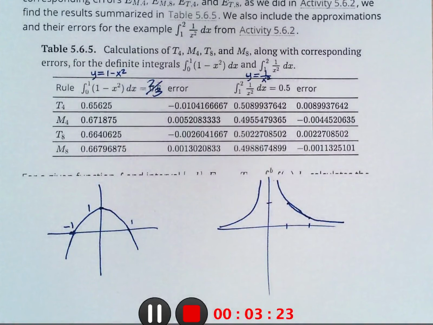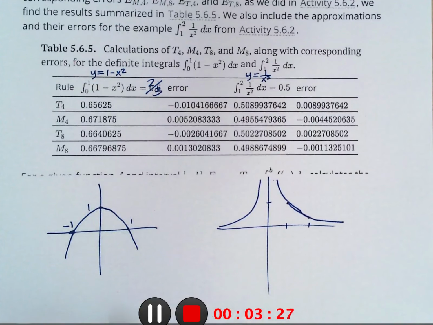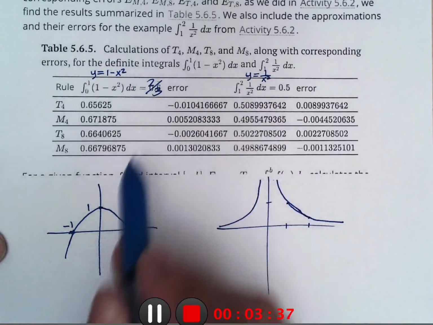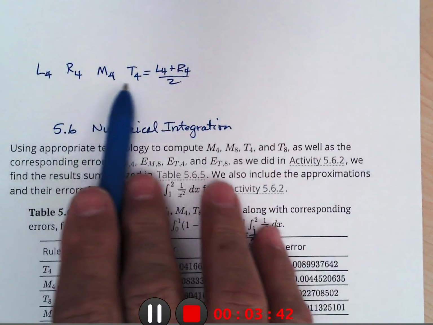This area right here is 2/3 exactly. We know that. But let's assume that this was some kind of curve that we couldn't do that. But since we do know it, we can compare the different methods that we have for accuracy.